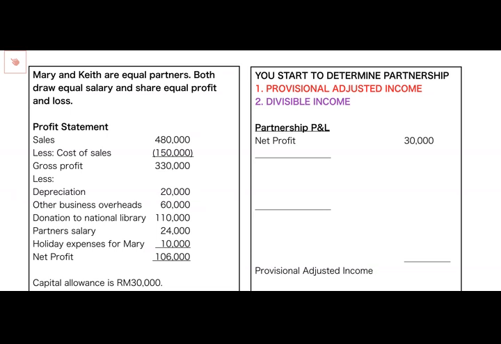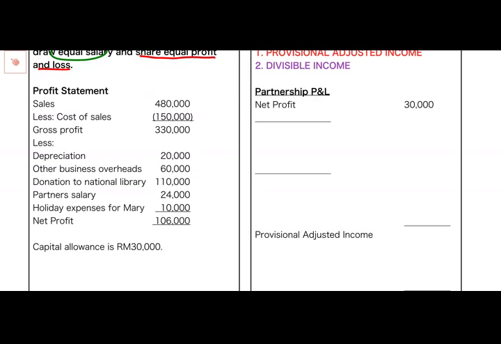Now, if you see at the left hand side, I'm giving you the detail of a partnership between Mary and Keith. So Mary and Keith are equal partners. What do you mean by equal partner? Yeah, that means they share equally. So that's why they did tell you that they share equal profit loss. Not only do they share equal profit loss, they also get equal amount of salary. And now they give you the profit statement.